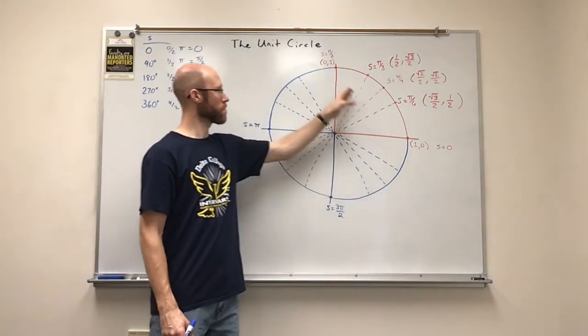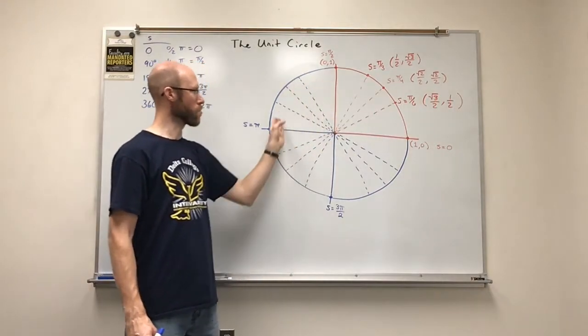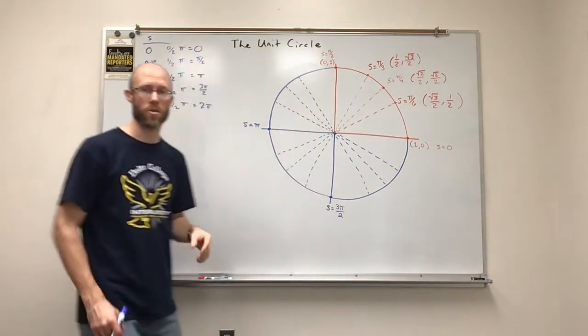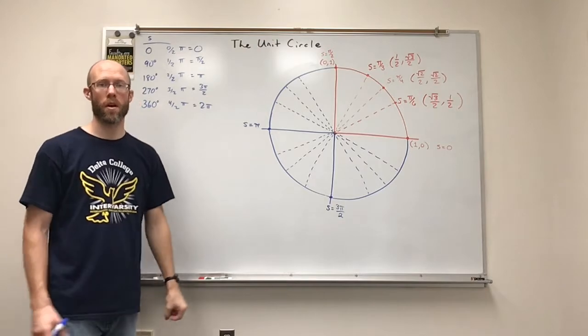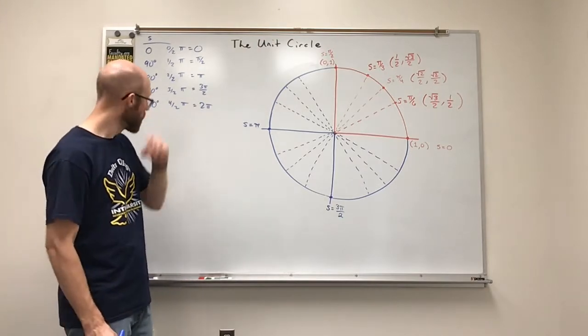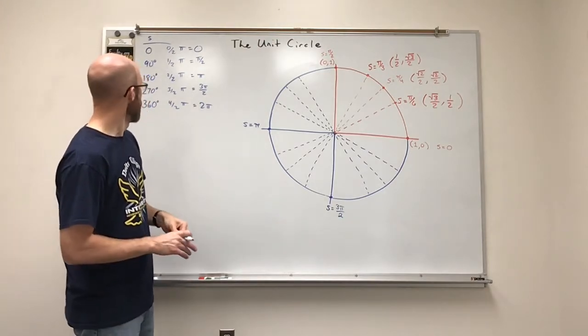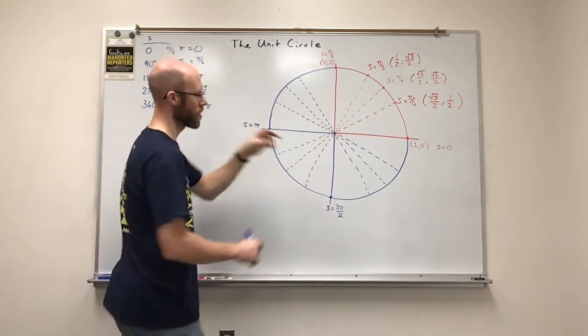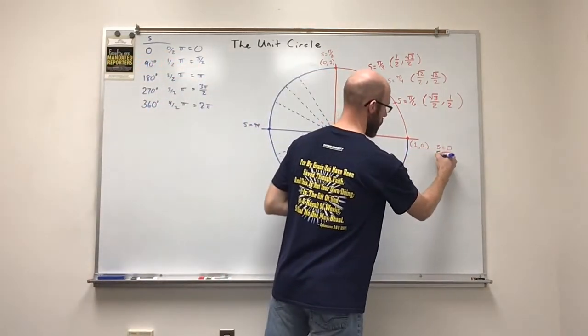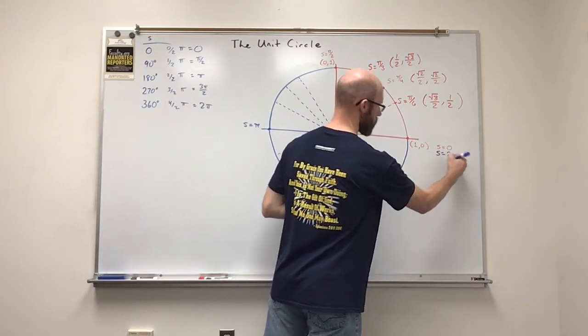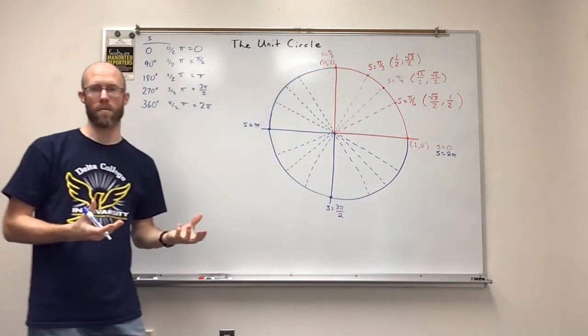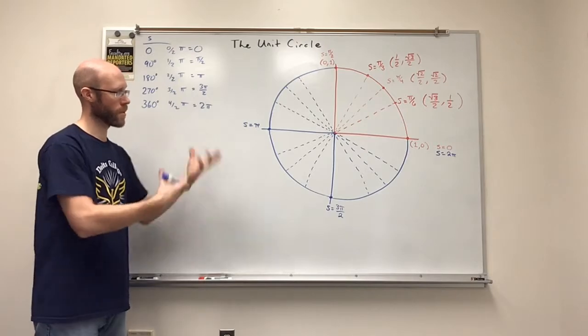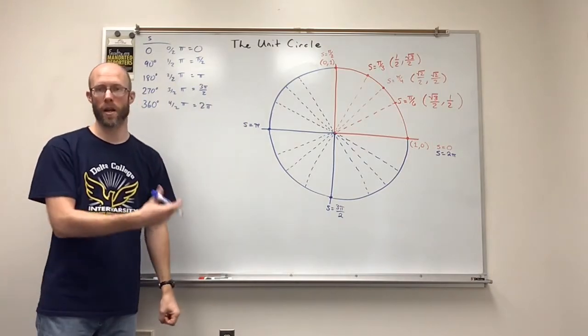In the top half, it's going to be just portions of a single pi. So that can help you to remember those values, okay? And over here, we also have an s value of 2 pi. So actually 0 and 2 pi end up being the same. They're coterminal angles, I suppose.